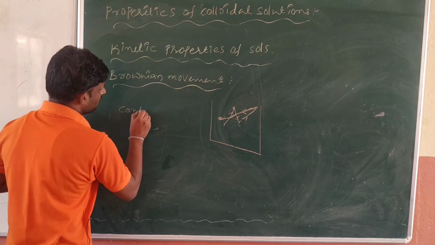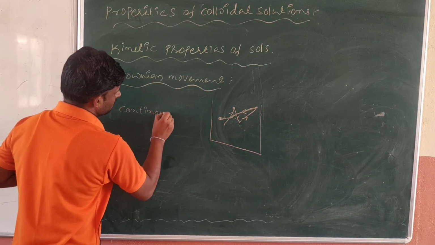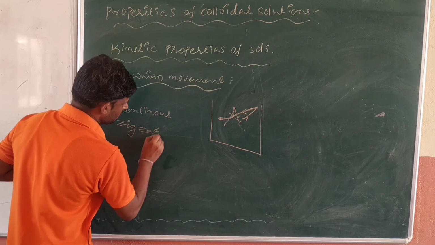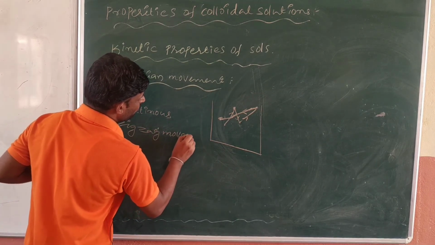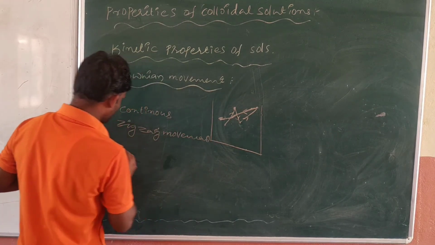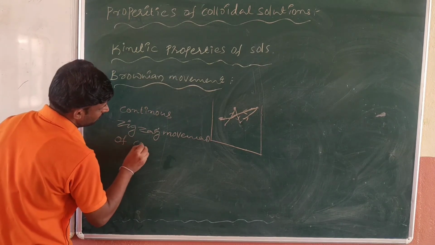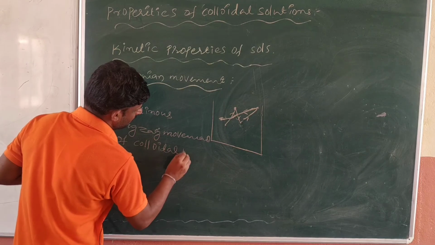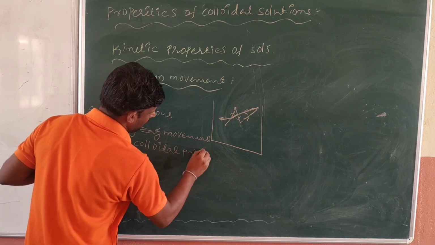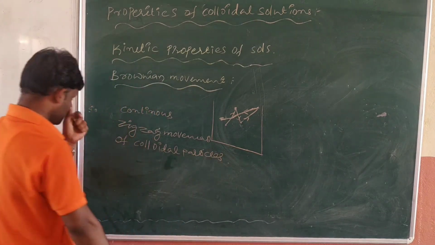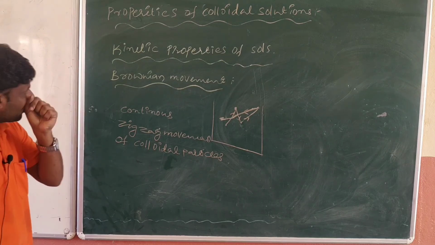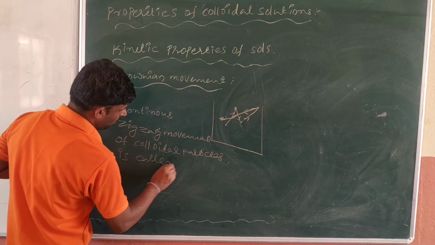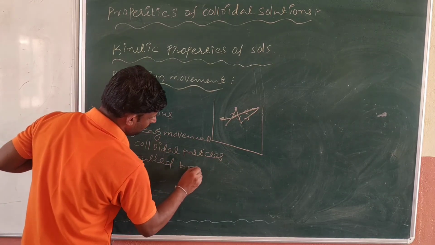The continuous zigzag movement of colloidal particles is called Brownian movement.